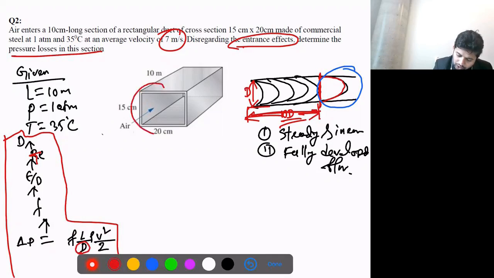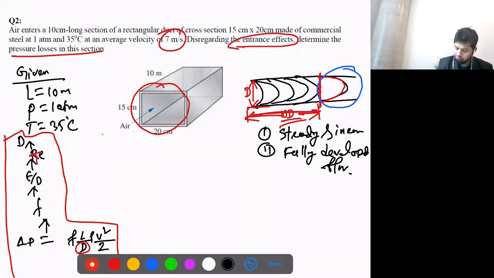But it is a rectangle, and diameter is for a circle, so we need to use the hydraulic diameter here. So first let's calculate the hydraulic diameter, then the Reynolds number, then epsilon over D, then f, then delta P.